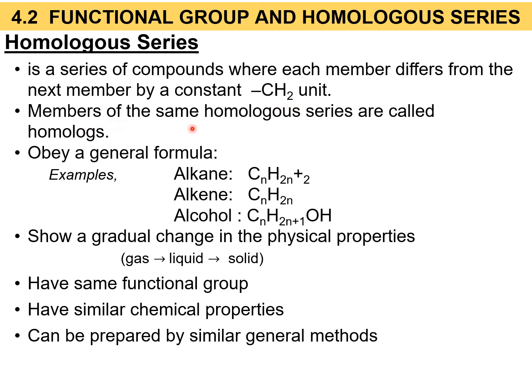Members of the same homologous series are called homologues and they obey a general formula, such as alkane with CnH2n plus 2, alkene with general formula CnH2n, and alcohol with general formula CnH2n plus 1 OH. And it will show a gradual change in physical properties, such as gas turning to liquid and then to solid, and they will have the same functional group, similar chemical properties, and can be prepared by similar general methods. So this is not very important.